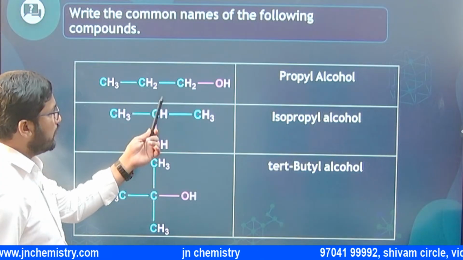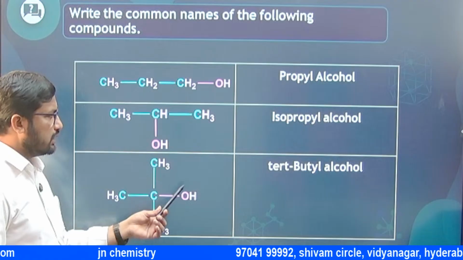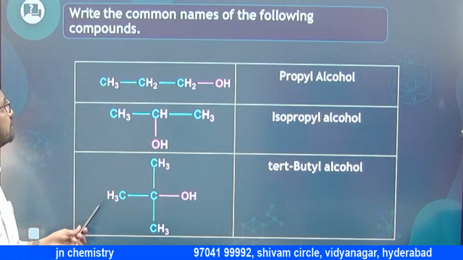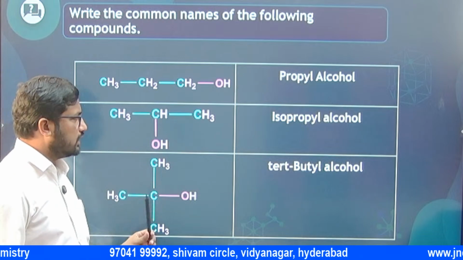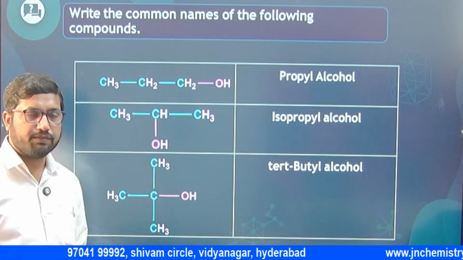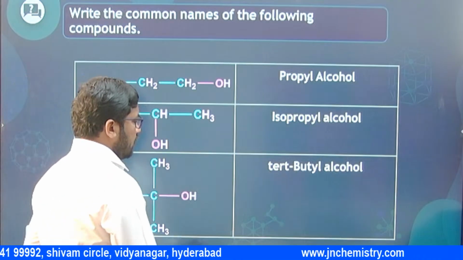So propyl alcohol, isopropyl alcohol, tertiary butyl alcohol, common names of course. Isopropyl, tertiary butyl. Neopentyl alcohol is possible.